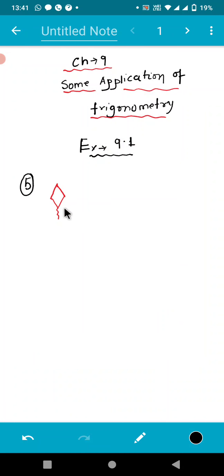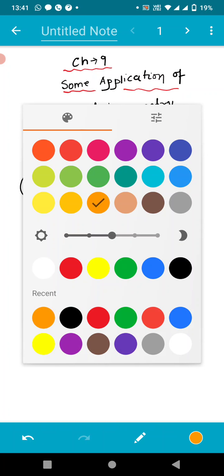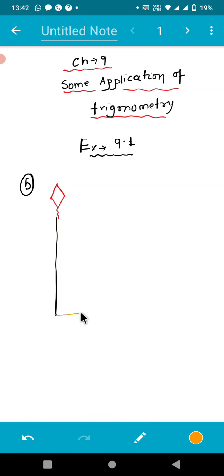So this is a height, and we consider this as ground. This is a ground. So the height is given 60 meter. So this height is 60 meter from the ground.